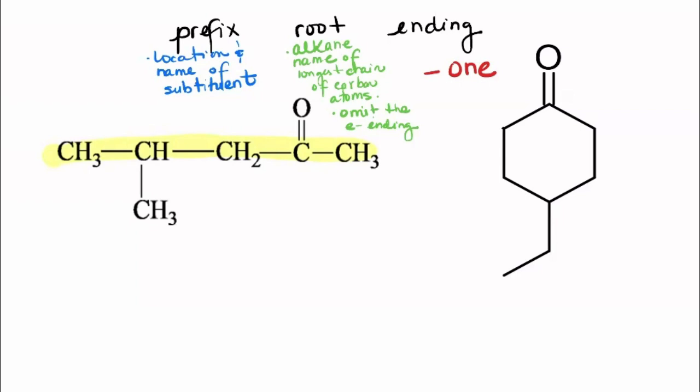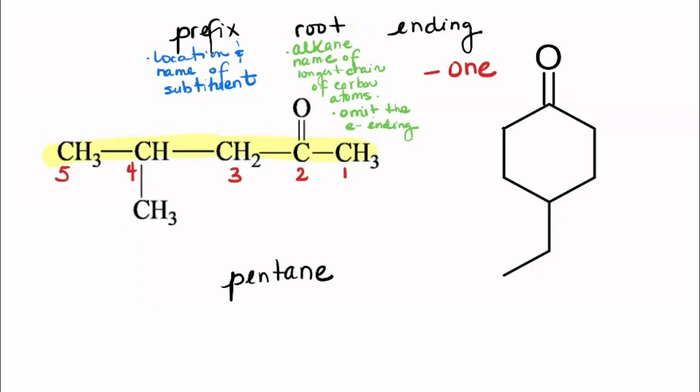And when I write the numbering, this is carbon 1, carbon 2, carbon 3, carbon 4, and lastly, carbon 5. Since I have 5 carbons in my ketone, the root name is going to be pentane.